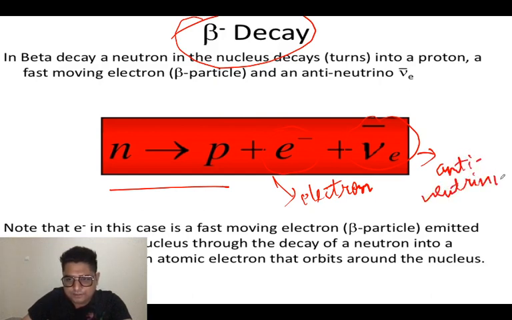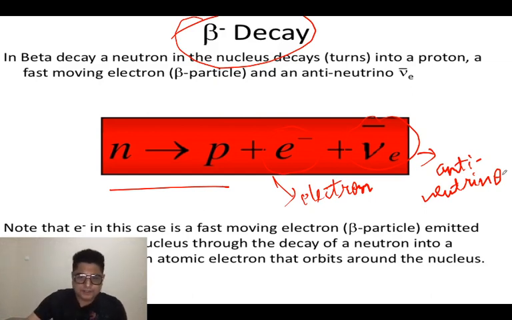This is a reaction which takes place for radioactive specimens, and high school students as well as sophomore students are much more familiar with this particle reaction, or nuclear reaction to be more specific.